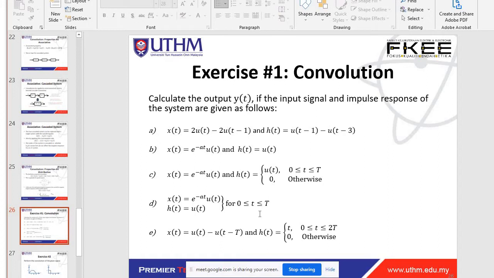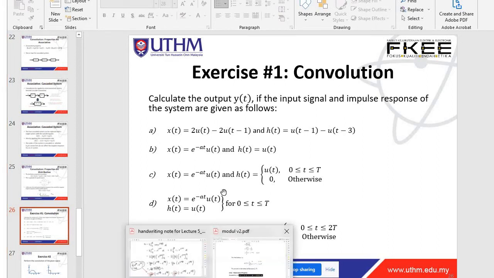Okay, so this one is the exercise. You can do the exercise in the module, page 99.